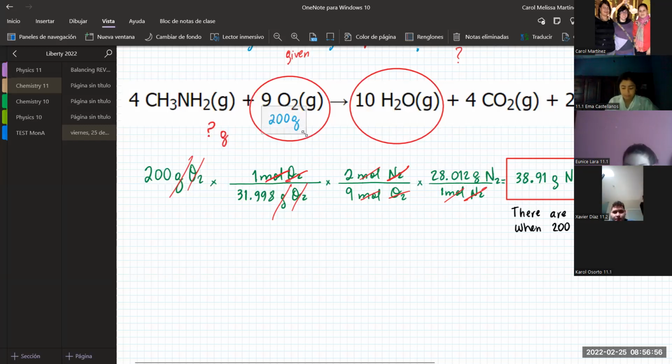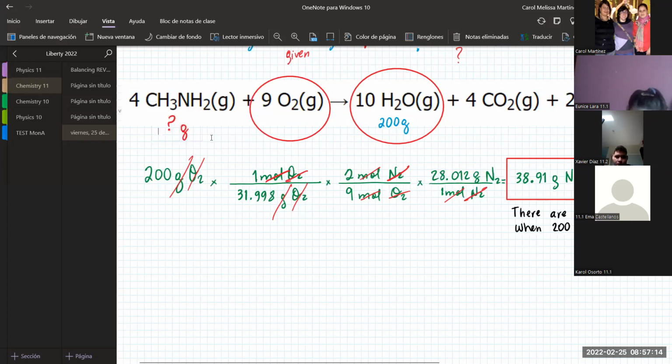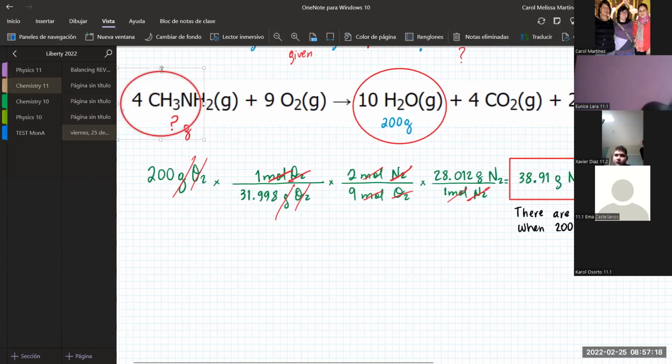You can also say, okay, I'm going to use 200 grams of water, and I want to know, for example, how many grams of CO2 or methylamine are going to be necessary. So you also remember that we are always comparing two substances. Sometimes we're going to relate water, some other times we're not.